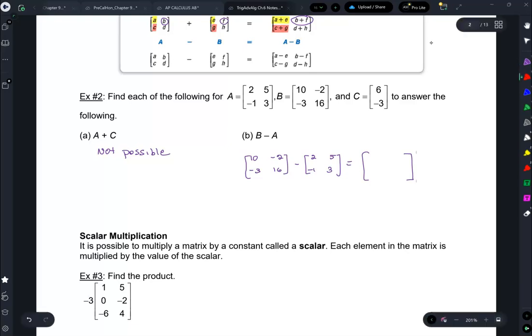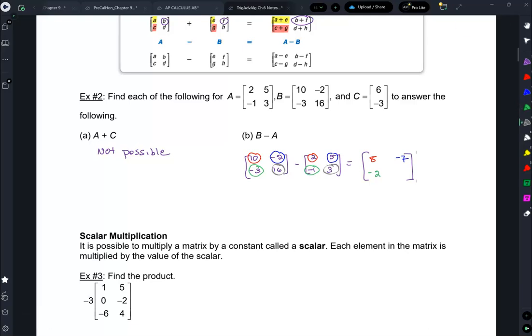So now look, let's take the first ones. 10 minus 2, 8. Negative 2 minus 5, negative 7. Negative 3 minus negative 1, negative 2.